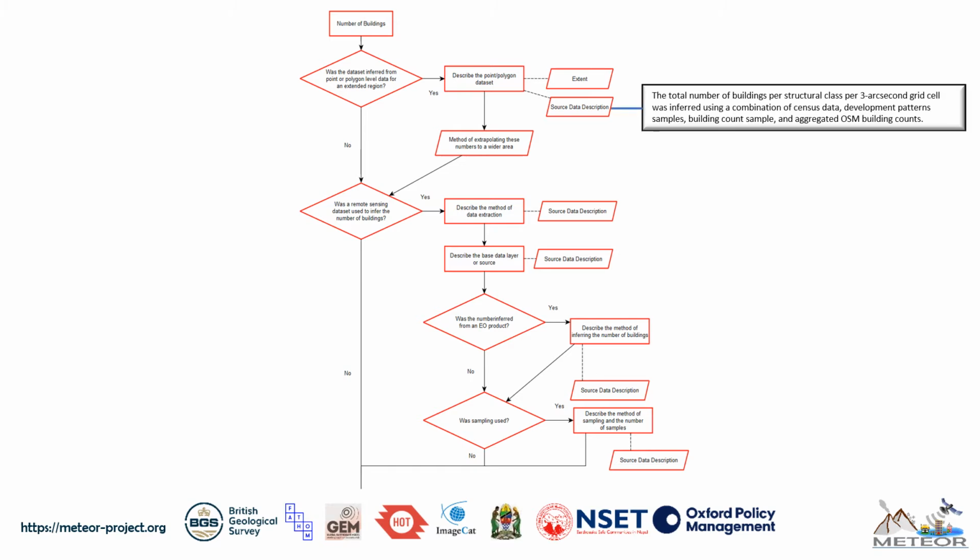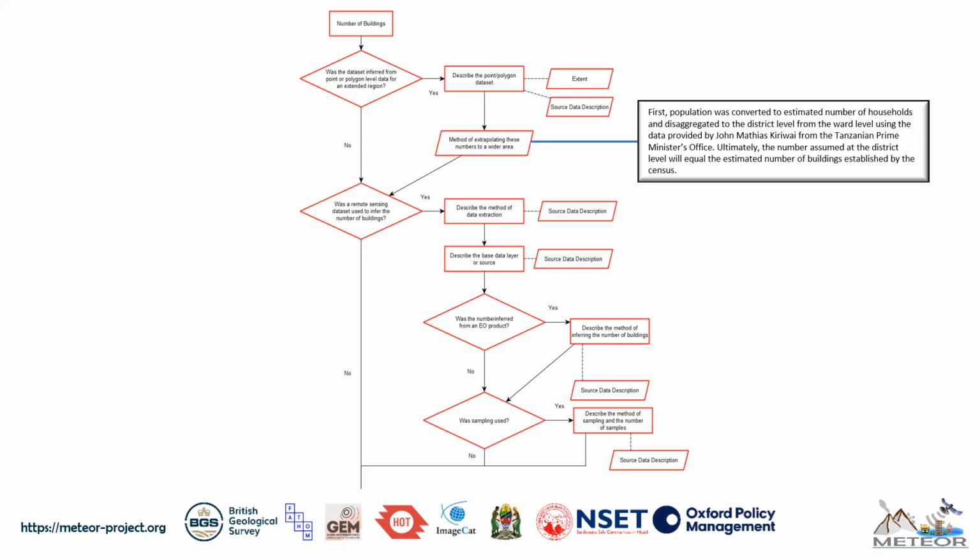The number of buildings per structure class per 3 arcsecond grid cell was inferred using a combination of census data, development pattern sampling, building count samples, and aggregated OpenStreetMap building counts.